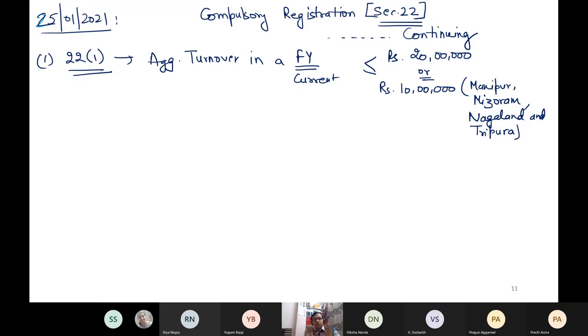We have to read these two sections collectively, and then we can frame the decision. So no section can be read in isolation. Knowledge of act is complete when you know the entire act. For the time being, my point is that if my aggregate turnover exceeds 20 lakh or 10 lakh, I have to take registration as a supplier. So I'm talking as a supplier.